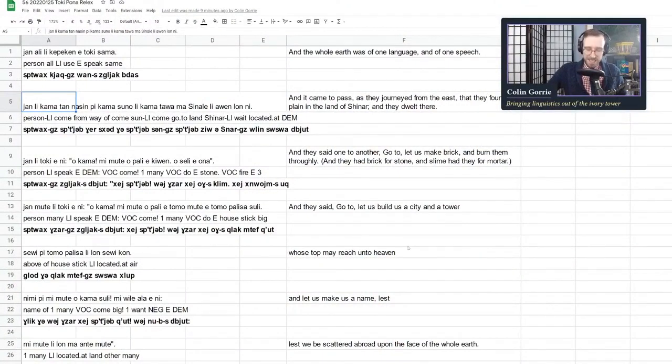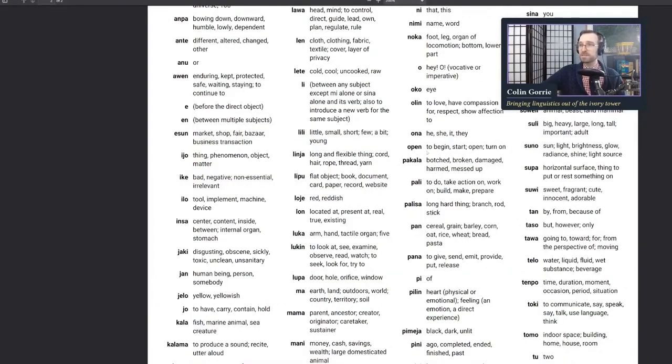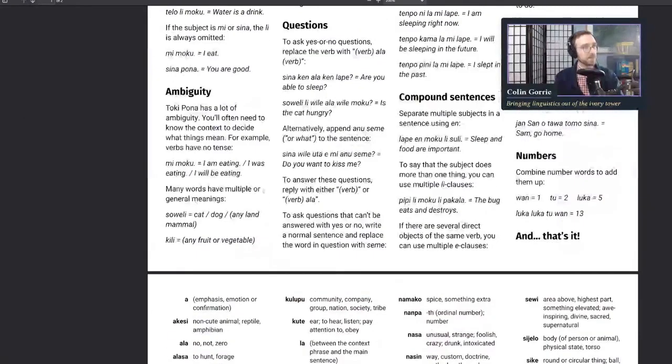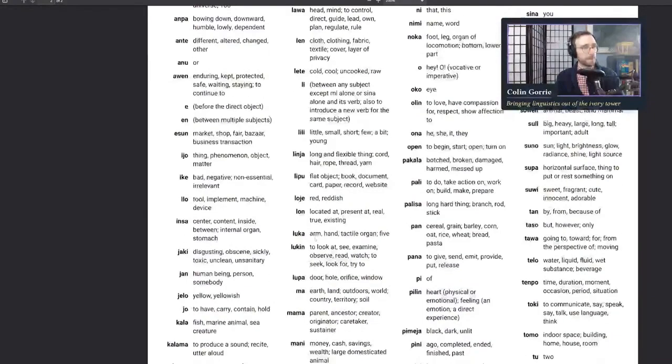So if you have not seen this project before, a little bit of background. Toki Pona is a sort of minimalistic constructed language. It has grammar and vocabulary that you can fit on a single two-sided sheet. It's a very, very small set of roots, 120 or so.